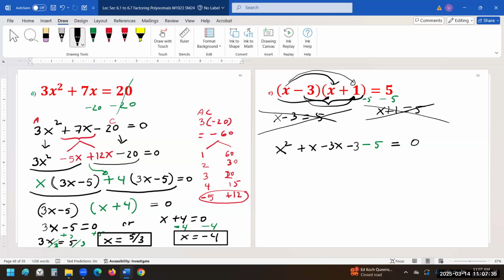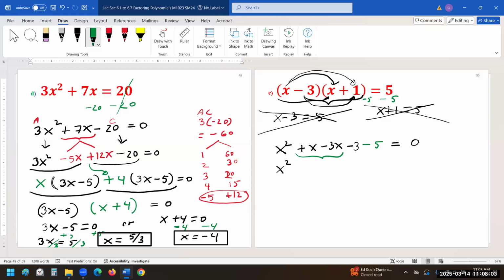Our one side is 0, another side has no factors, it is in expanded form. But we need to collect like terms. There are no more x squared, so we keep our x squared down. And how many x's do we have? 1x minus 3x. So how many x's? 1x minus 3x.